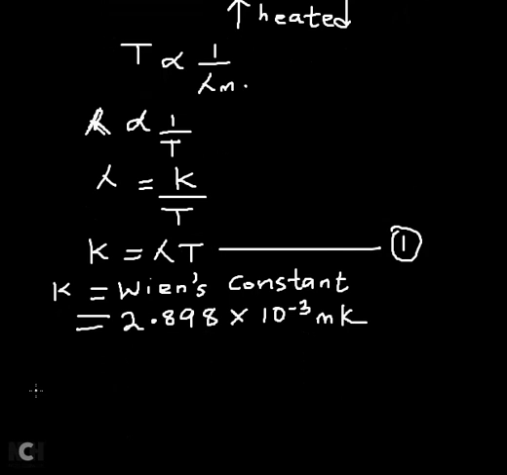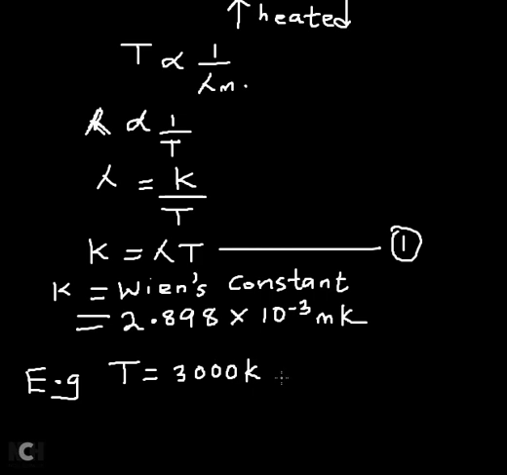Now let's look at a typical example. A typical example is a question here. A furnace is at a temperature of 3000 Kelvin. A very high temperature, 3000 Kelvin.